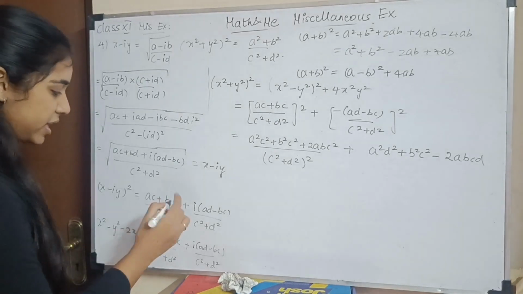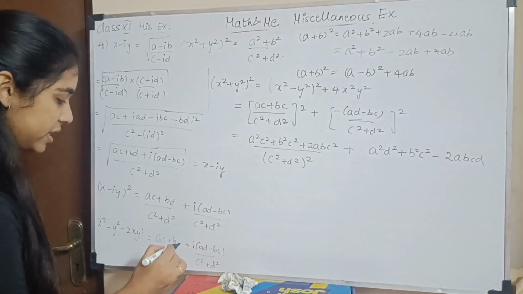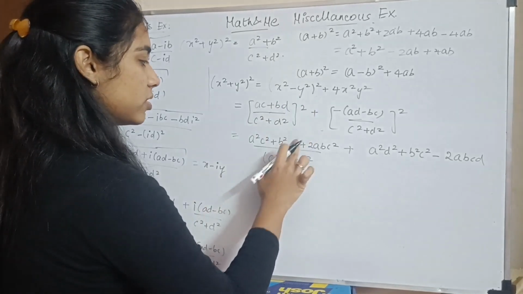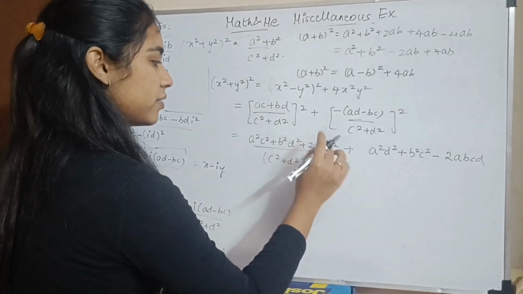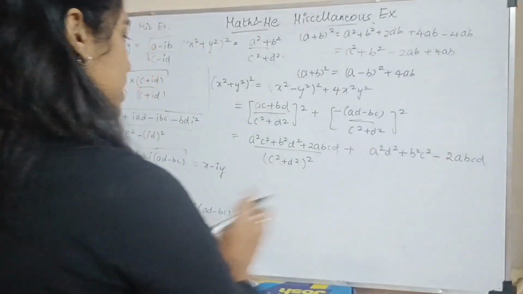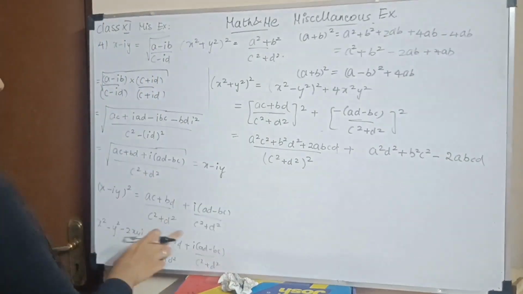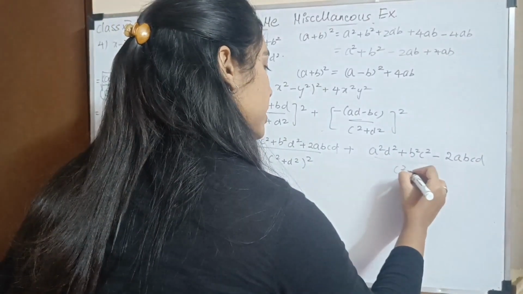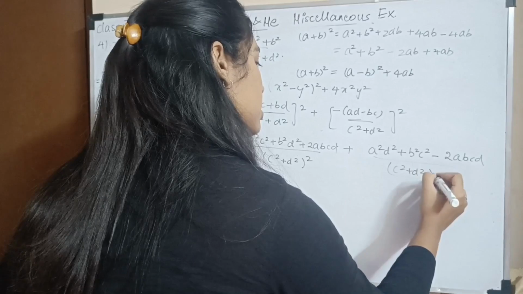Sorry, this is ac plus bd, so you have a d here. Don't mess up with the values. So you have d square, you have abcd, okay? Change wherever I've written c. Divided by (c square plus d square) the whole square.